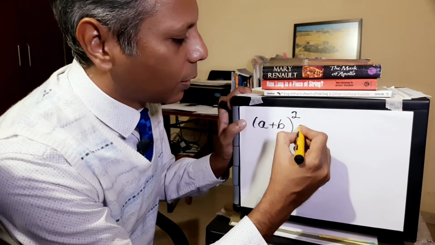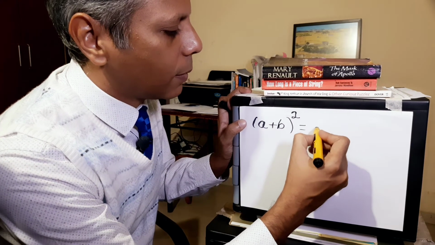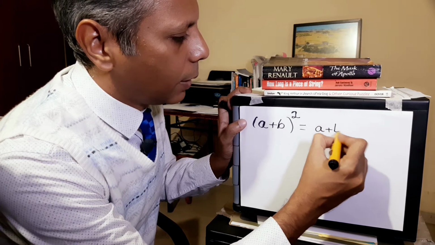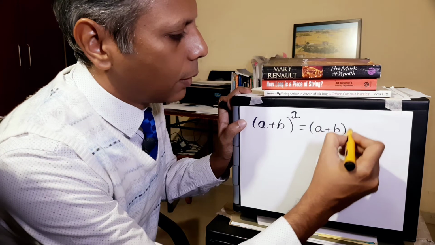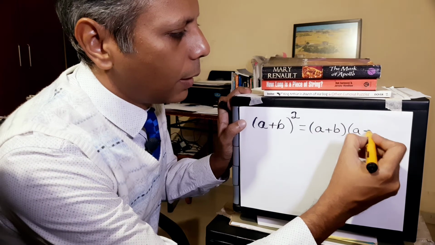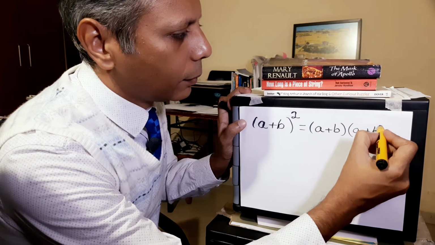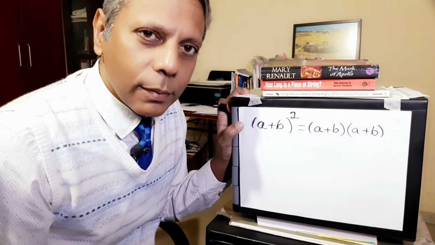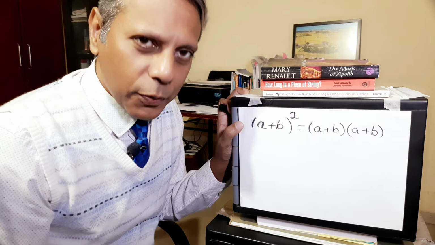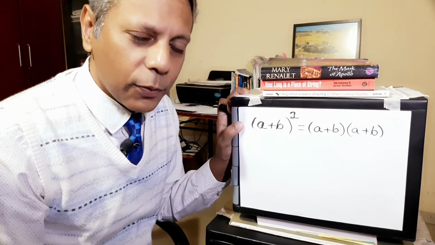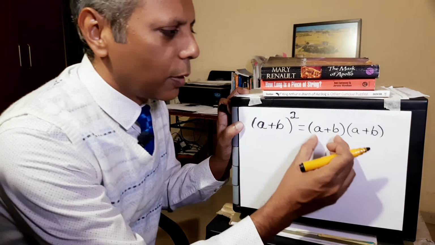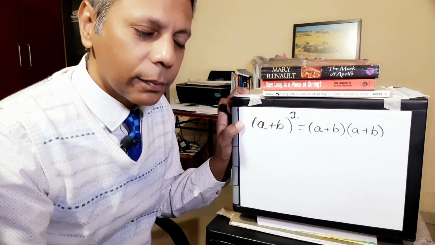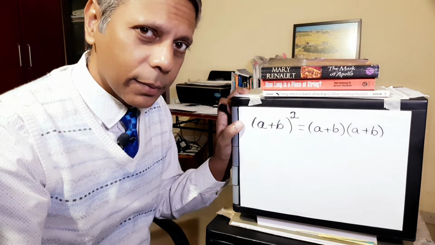So this actually turns out to be (a plus b) into (a plus b). As we've been learning for the past few lectures, we know how to multiply 2 expressions, correct? So we can do the same thing here.